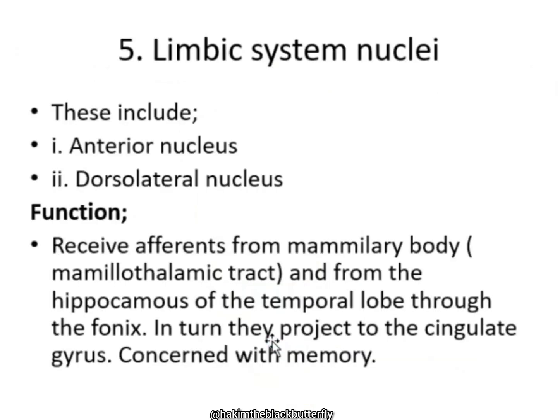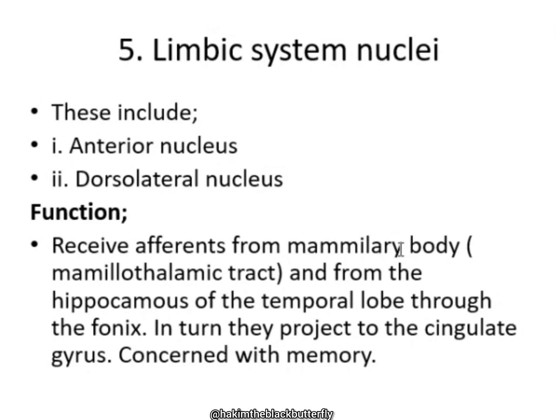The limbic system nuclei include the anterior nucleus and part of the dorsomedial nucleus. These nuclei of the thalamus receive information from the mammillary bodies.